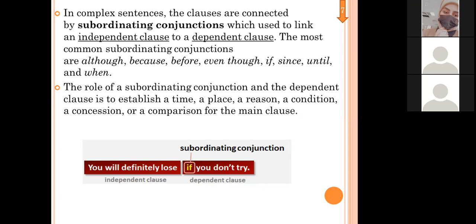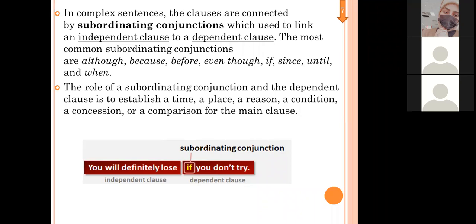This is an example: you will definitely lose. This can be considered an independent clause, because this sentence can stand alone. While if is a subordinating conjunction, and the second sentence, if you don't try, can be considered a dependent clause.